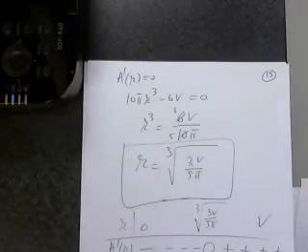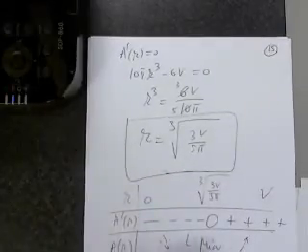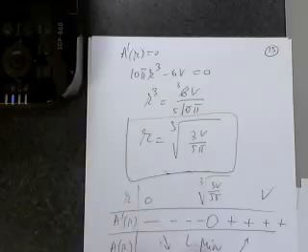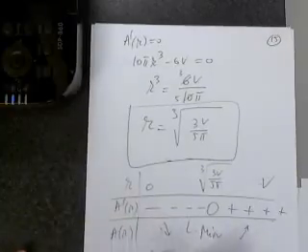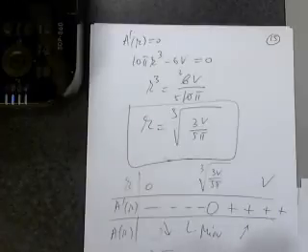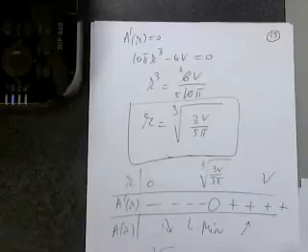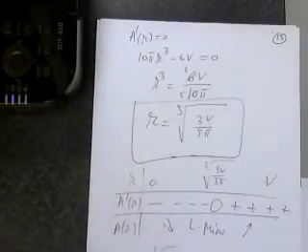When I plug in V, I get positive. So this must be exactly what I'm looking for. So R equals the cube root of 3V over 5 pi gives the minimum area of the material.